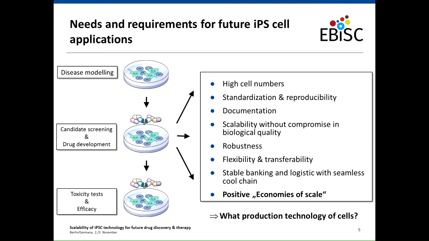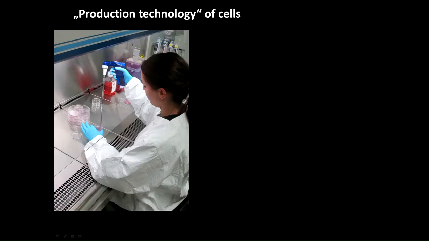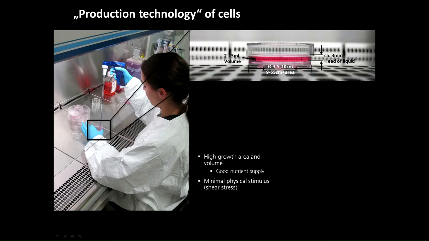So what production technology of cells could meet all of these specifications? Until now, the production technology that is used, you know how it looks like. It's a normal clean bench, and you have a technical assistant who is doing all the cell culture. The big advantage is usually you have small cell culture plates or dishes like these here. With them, you have a high growth area to volume ratio, so you have a good nutrient supply, and during the whole process, a minimal physical stimulus like shear stress.